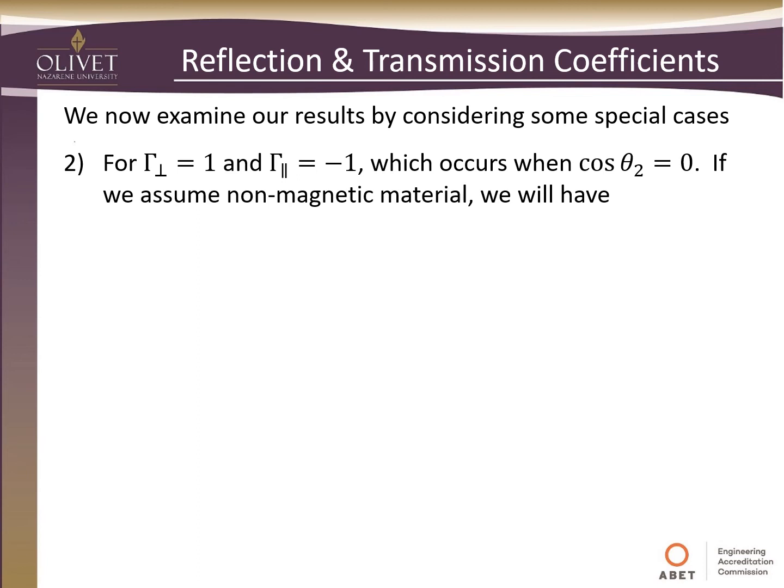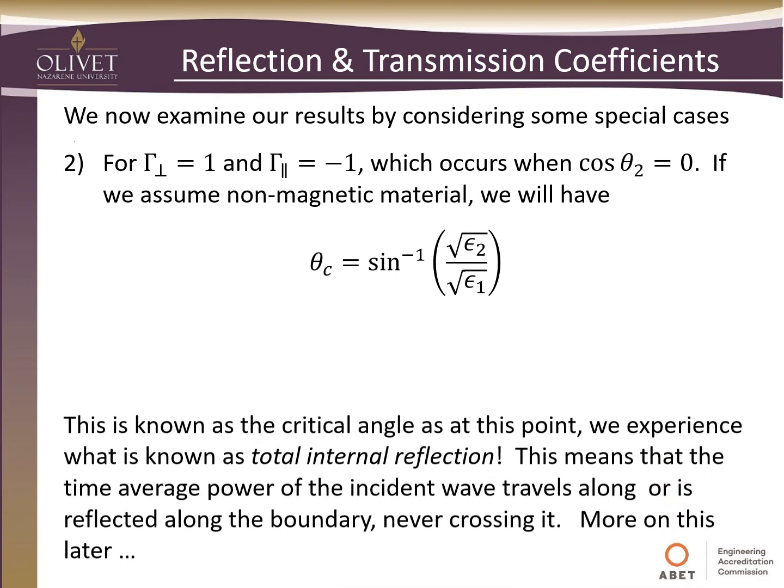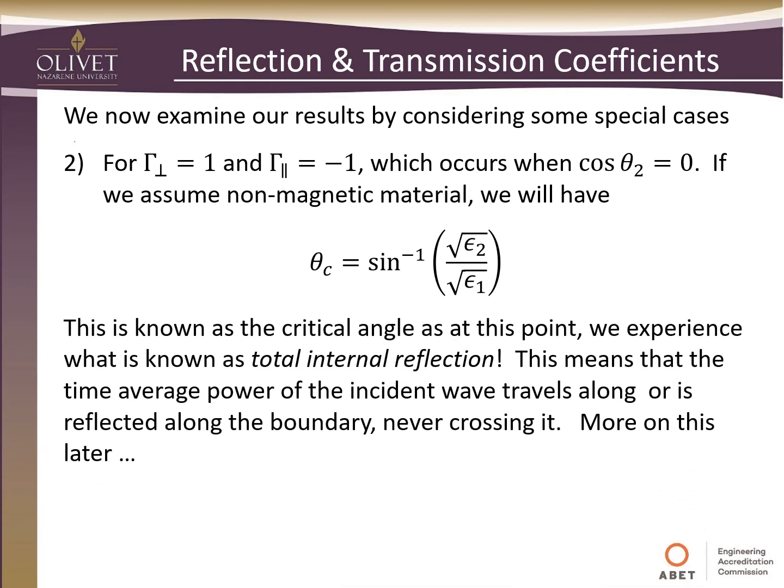This occurs when the cosine of the second angle, or the transmitted angle, is equal to 0. If we assume a non-magnetic material, which is almost always the case, this would imply that theta c is the inverse sine of the ratio of the square root of the permittivities. This is known as the critical angle.